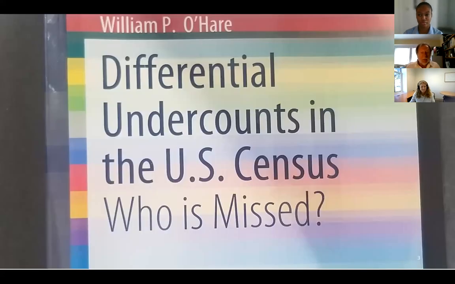So Amy made reference to this book that I wrote a couple of years ago. It came out in 2019. It's open access, which I guess you all know means free. And it's got a lot of detail about some of the things I'm going to talk about today, and maybe a good reference if you're looking for more detail or someone you're working with wants more detail about some of the topics talked about. This is certainly the cheapest way to get that.